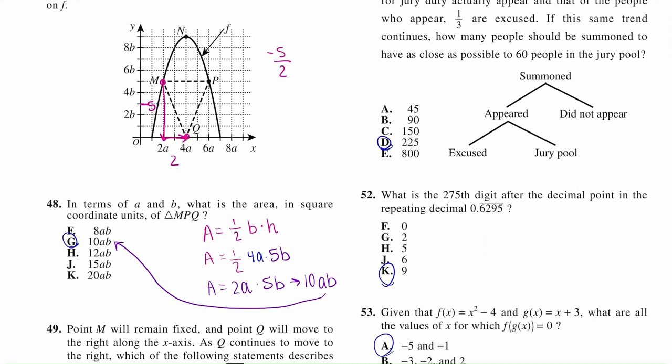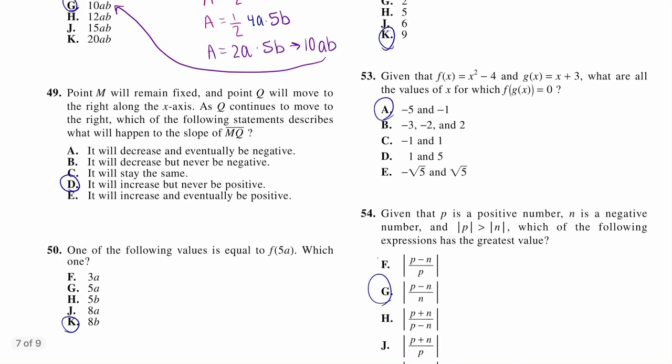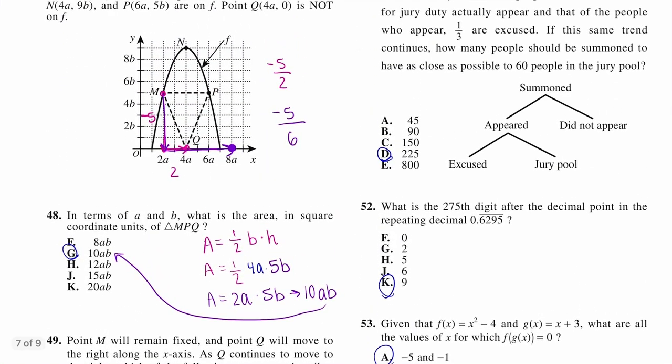Let's move Q over. Let's say I move all the way over here to the right. So I'm still falling 5, but now I'm running 1, 2, 3, 4, 5, 6. So let's look and see which slope is bigger. It's kind of tricky when you get to negatives, right?